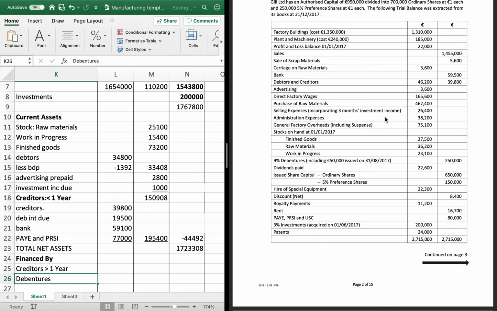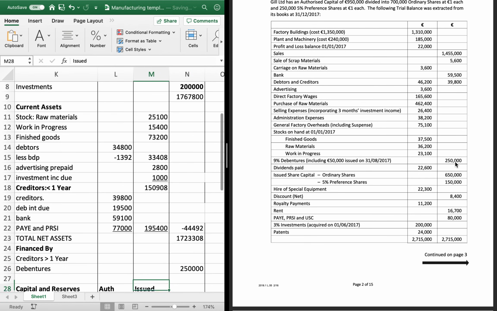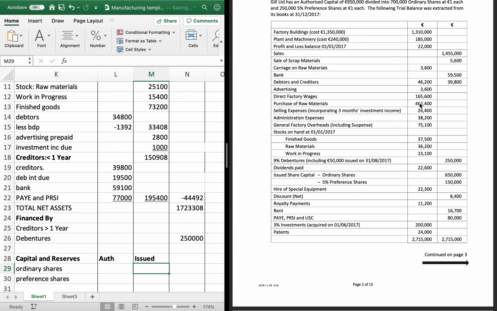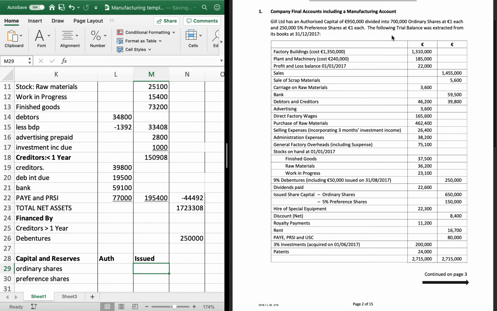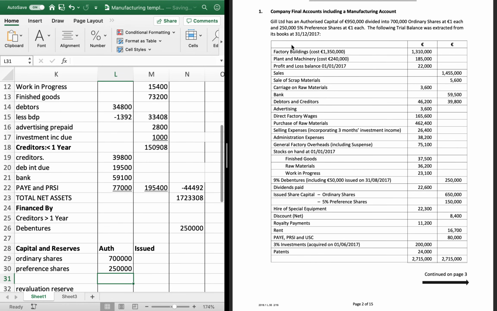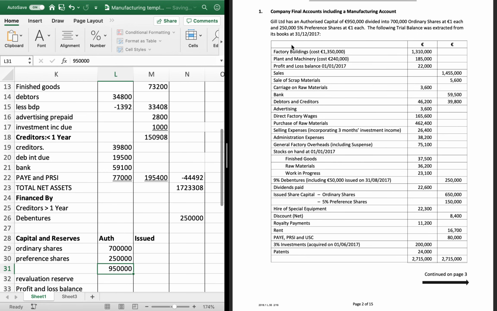So what do we have debentures wise? We've got 250,000. Then we've got our authorised and our issued share capital. Really important to put both in or you'll lose easy marks. The authorised share capital is 700,000 and 250,000, which is 950,000, which you can double underline. The issued is 650 and 150, so that is 800,000.